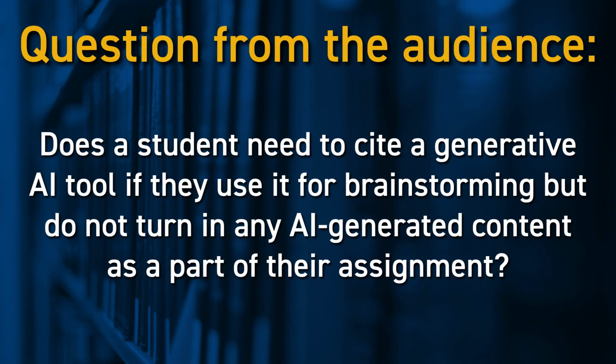Yes, the question was, does a student need to cite AI generated brainstorming that they've done? My answer to that is if they do not turn in any AI generated output as their work product, they don't necessarily need to cite it, but it's probably best practice to acknowledge it. That is something that I have seen a lot with academic papers that are on the topic of AI.